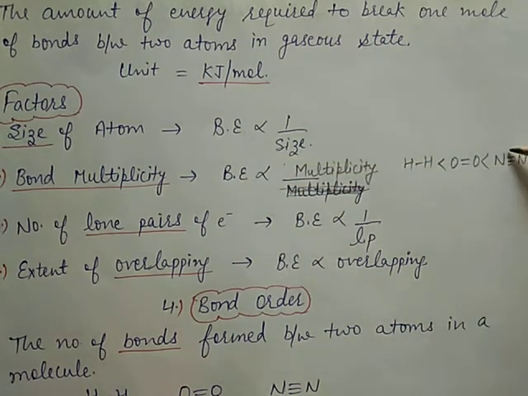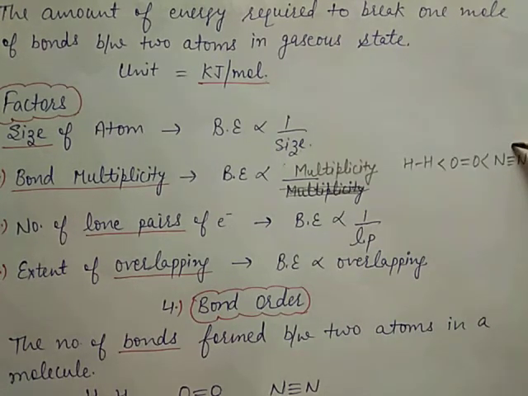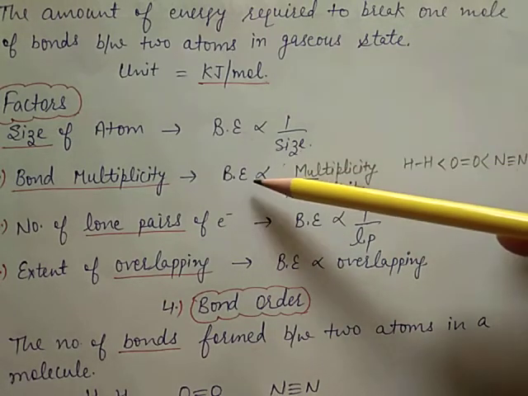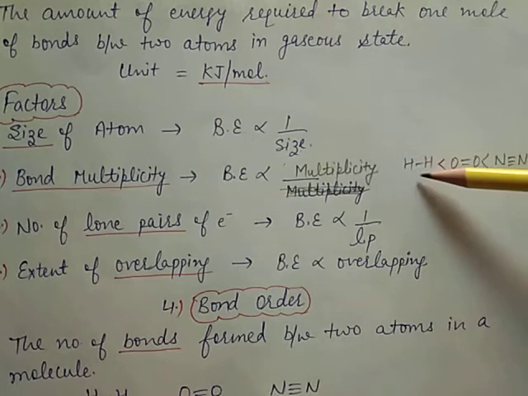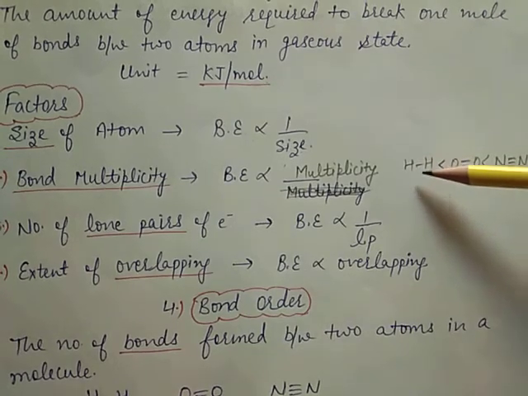So in this case, nitrogen triple bond nitrogen having bond multiplicity means triple bond is present here, so multiplicity increases, so bond enthalpy also increases. In case of oxygen having a double bond, multiplicity is 2, so these also have a high bond enthalpy as compared to hydrogen single bond.